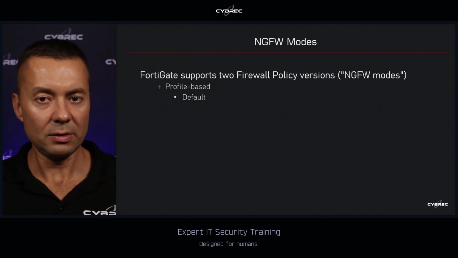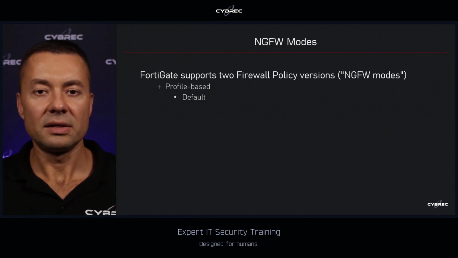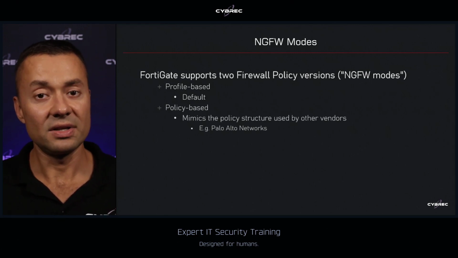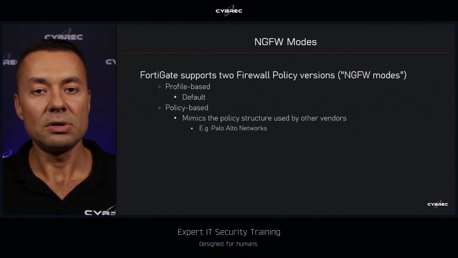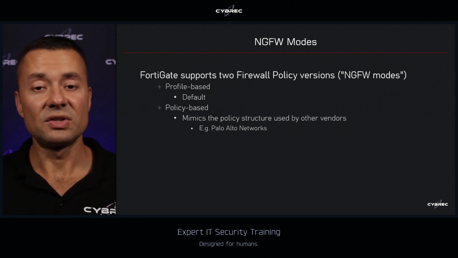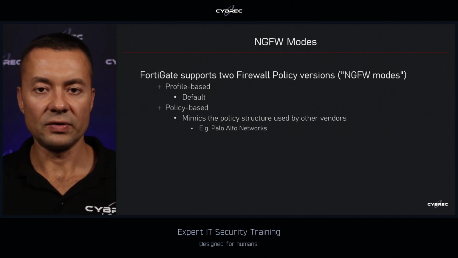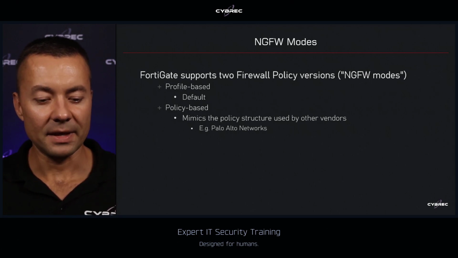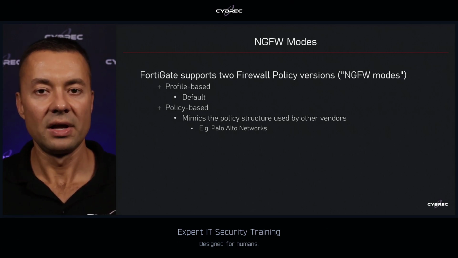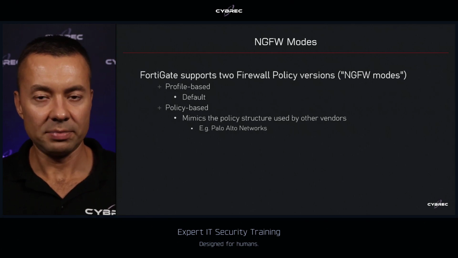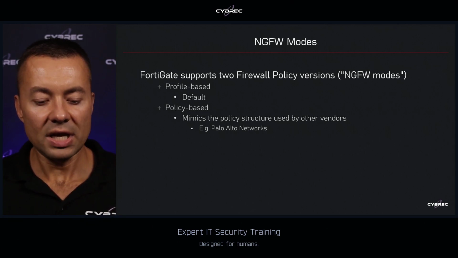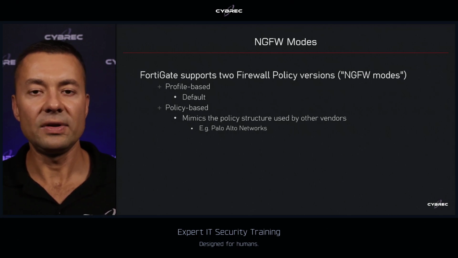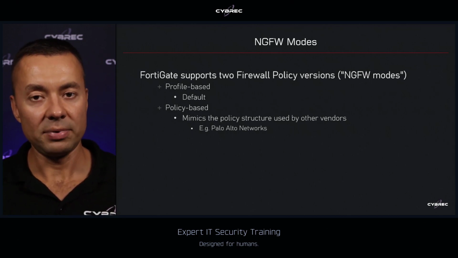It works really well, but a small problem is that most of the other firewall vendors use a different approach, where they allow you to configure the inspection capabilities directly from the policy rule itself. And this is why FortiGate supports the other NGFW mode, known as policy-based, in which case FortiOS changes the look and feel of the structure of the firewall policy.